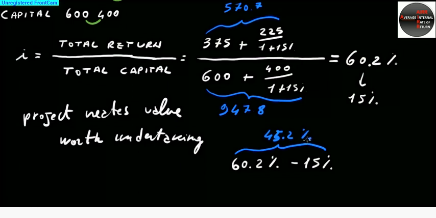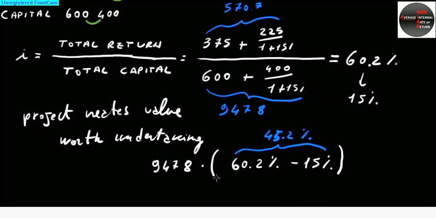We can interpret this project as a project where an overall capital of $947.8 is invested at the excess rate of return of 45.2%. So the product of the total capital invested and the excess rate of return gives us the net gain.